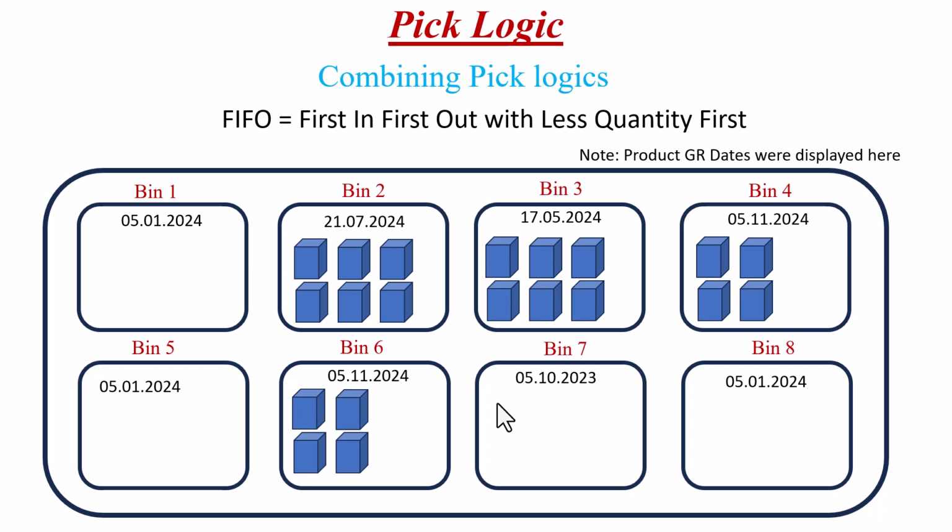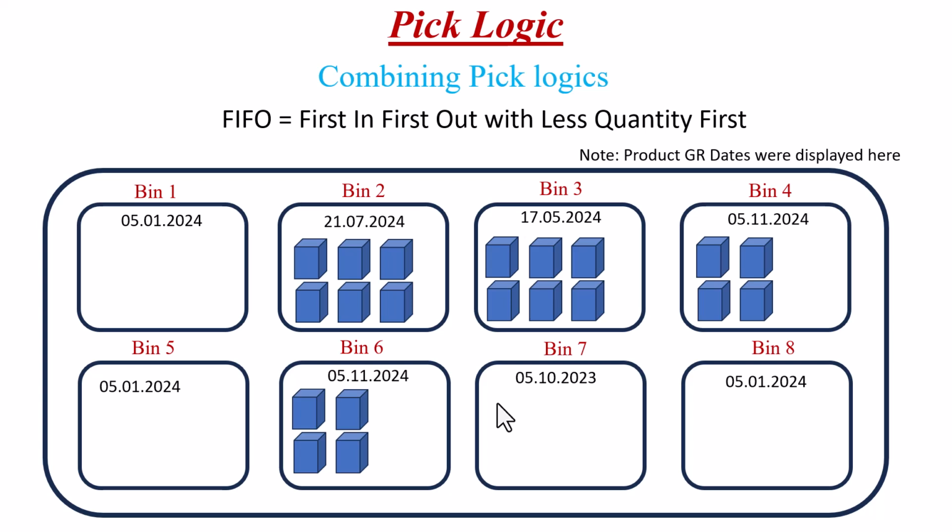Here we can see that bin 4 and bin 6 are having the same date. So those products we have received in the 11th month of 2024, so the system has to pick one among those two.